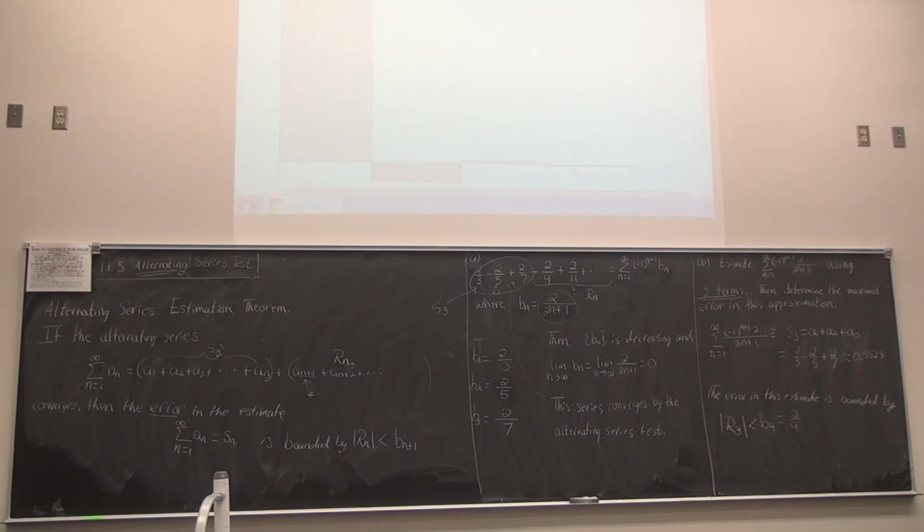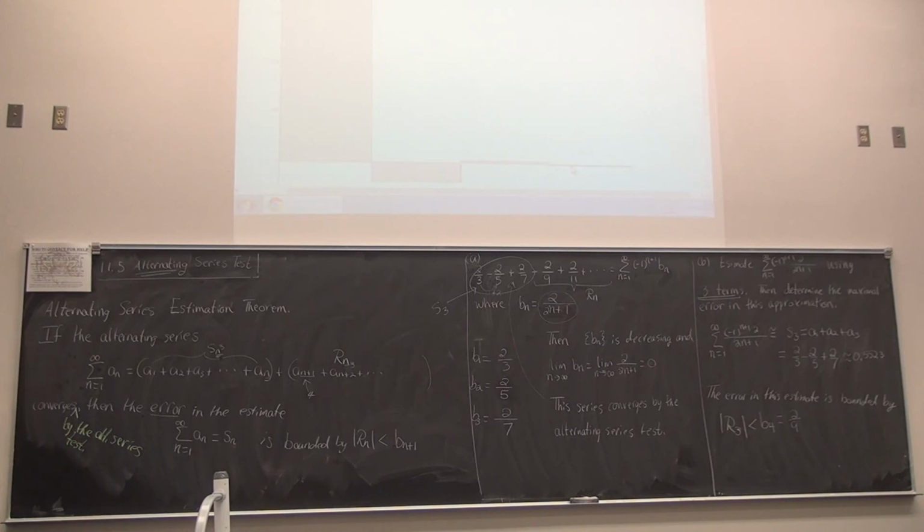Any questions about that so far? If it does exceed, did we do something wrong? Yes, definitely. There's a kind of finicky way that this could break, and that's a little bit of an extra thing we should put here to be safe. It says, if the alternating series, this one, converges, let's add just a little bit extra, converges by the alternating series test.